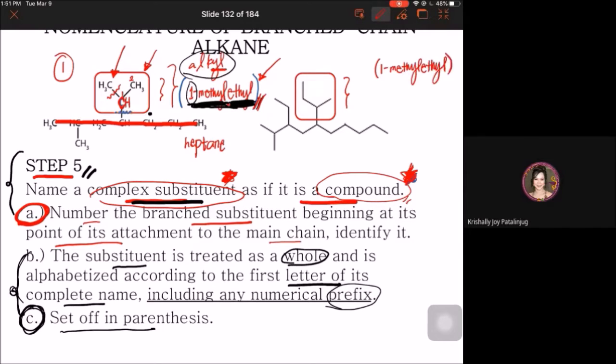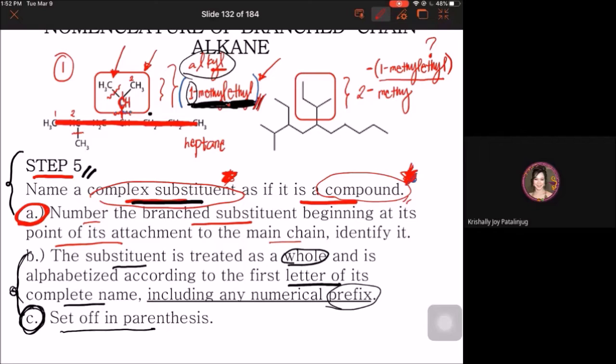1-methyl-ethyl. Take note, upon listing substituents, we assign a number where its point of attachment is on the main parent chain. For example here, carbon 1, 2. So there is a methyl on carbon 2. My question: where is the complex substituent 1-methyl-ethyl? Which carbon is it on, from this parent? 4, ma'am.